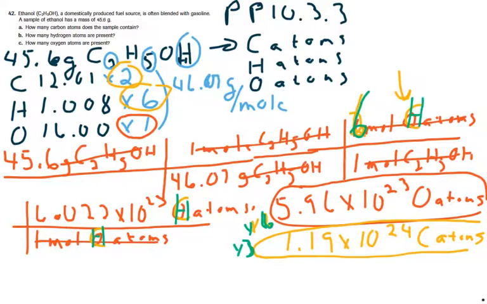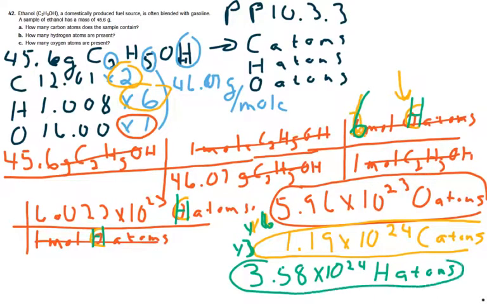So I'm going to take that answer times 3. If you didn't, you could go back to the first answer and take it times 6, and we get 3.58 times 10 to the 24th hydrogen atoms. So, basic procedure we need to go through.